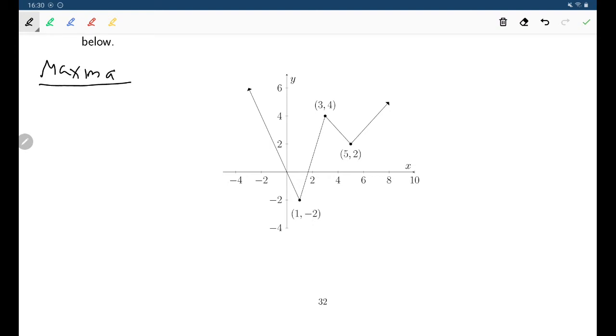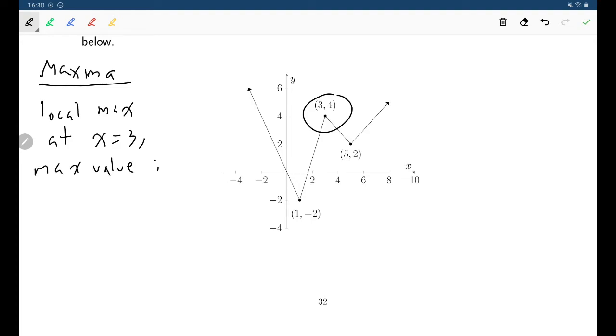we can see that we do have a local max. So a local maximum happens when x is equal to 3, and that maximum value is 4. But if you say, is there an absolute maximum value?